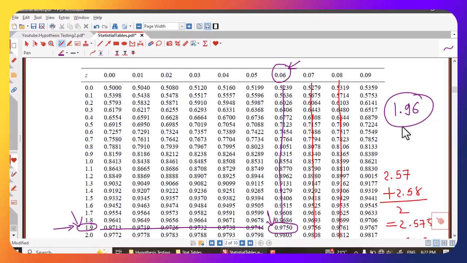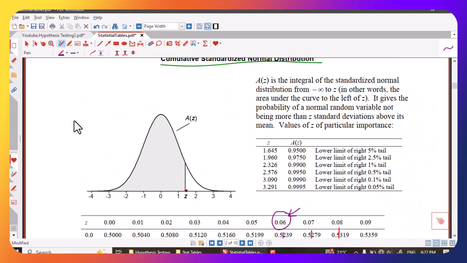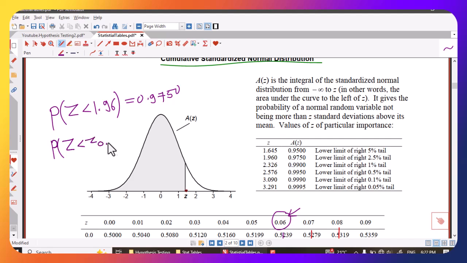So if we consider the area to the left of 1.96, then that is nothing but 0.9750. This means the probability that Z is less than 1.96 is 0.9750, and we are interested in that value of Z denoted by Z 0.025 such that this is 0.9750.